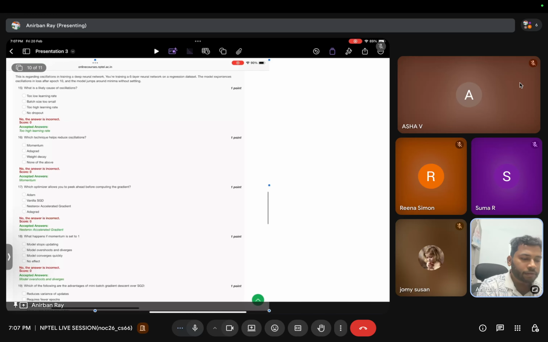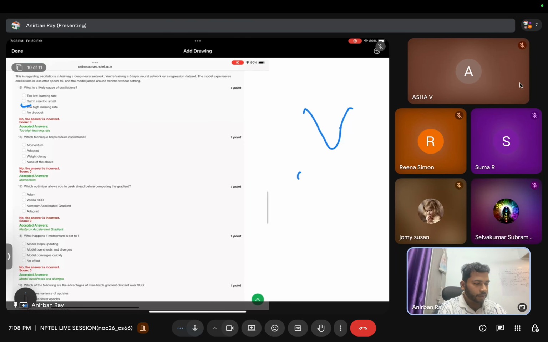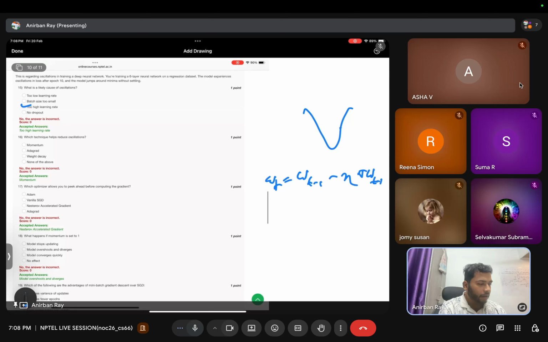Okay. So too high a learning rate can be a problem. Suppose the weight is here, and the gradient update is like this. The gradient is negative here, and this is the learning rate. So you're subtracting, so you're adding to the weights. Okay, this is error, this is weight.